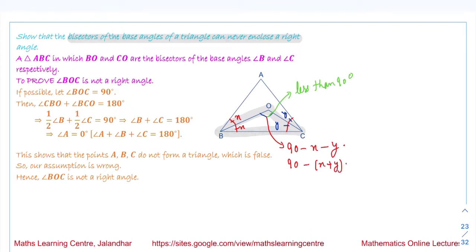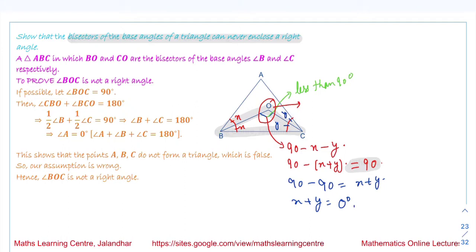Suppose the value of this angle O is equal to 90 degrees. If this value is equal to 90 degrees, then the value of x plus y is 90 minus 90, which is x plus y. So the value of x plus y is equal to 0 degrees. And this is not possible.